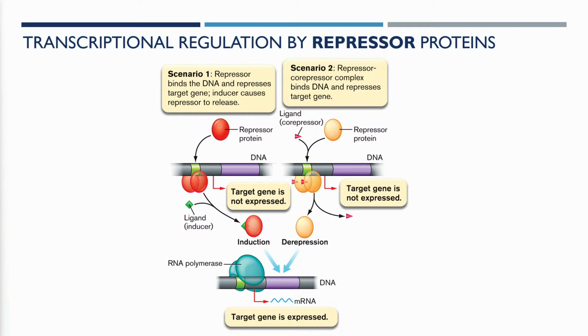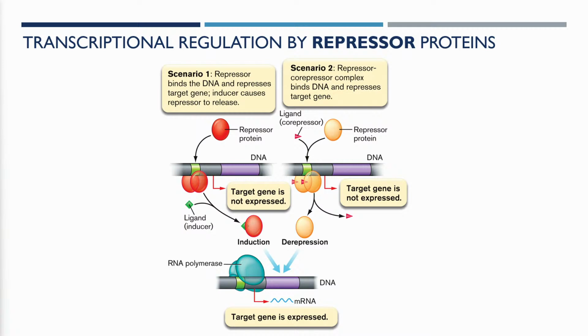So once that ligand disappears from the environment and from the cell, it's no longer available to bind the repressor protein, and so the repressor protein can dissociate, and then the target gene is expressed. This is called de-repression, where you get removal of the ligand and then induction of transcription.